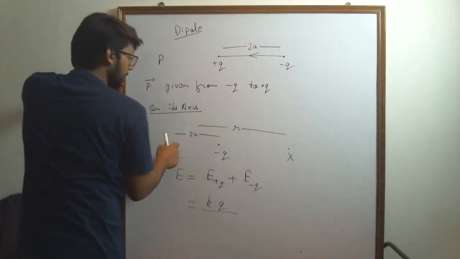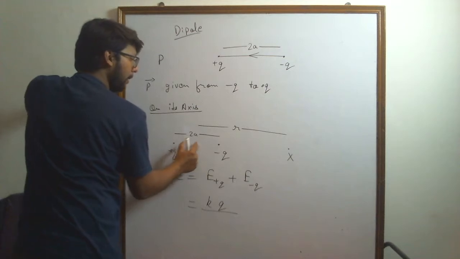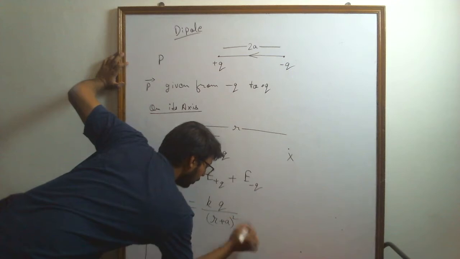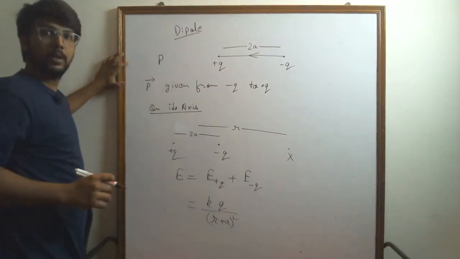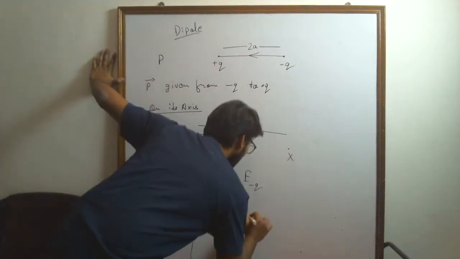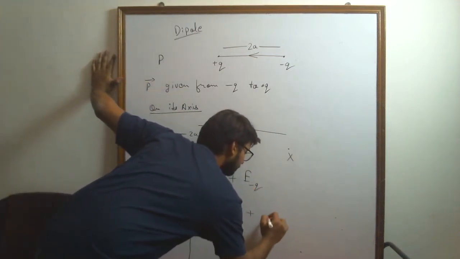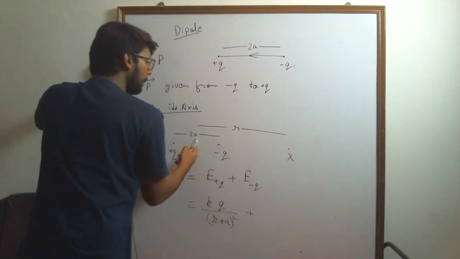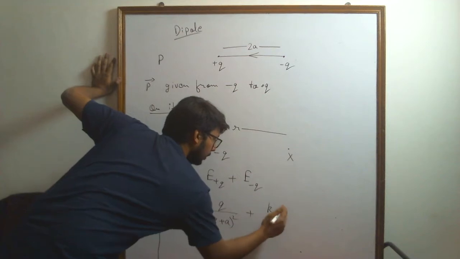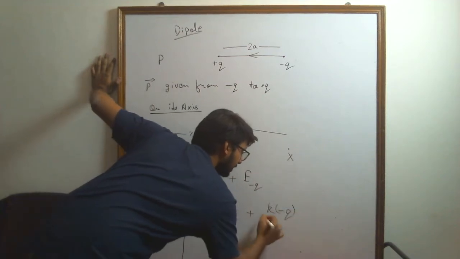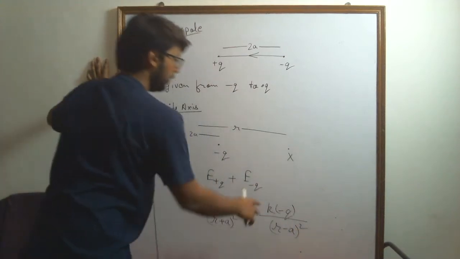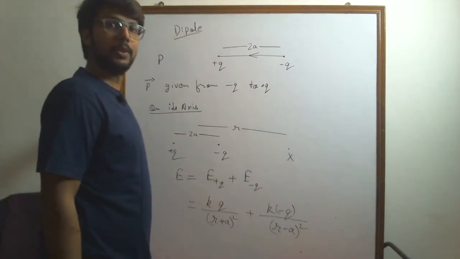The distance is a plus r, so this becomes (r plus a) whole square, right? Because this is the distance of x from the plus q charge. At the same time, here it will be (r minus a) because the same distance is there, but now here I will be using the minus q charge, so it becomes a negative thing, right?